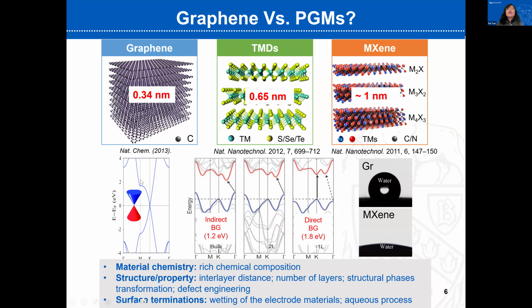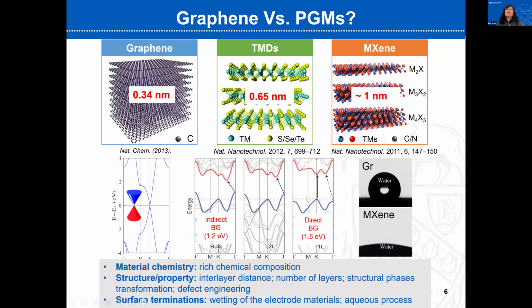As for the band gap, as we can see, graphene is a semi-metallic material. Everybody knows that. But for the band gap of the TMD, let's see the MoS2 example, you can see the band gap actually changes upon thinning down the material.